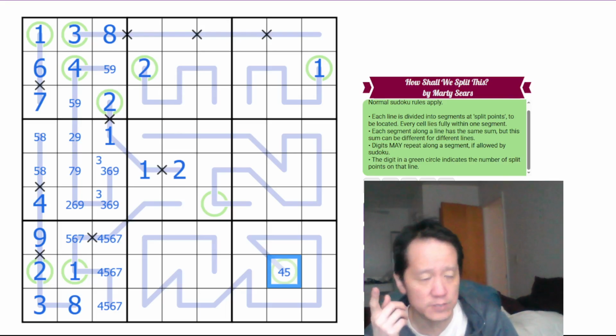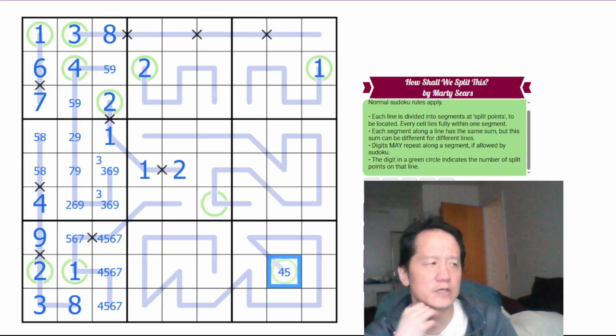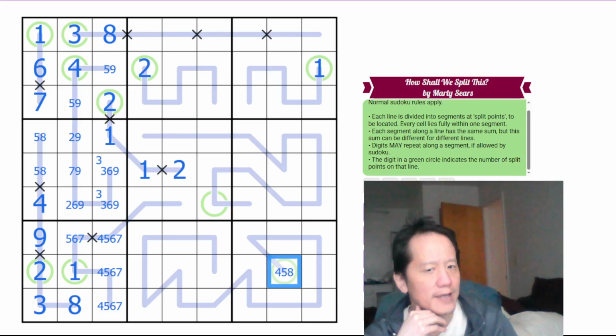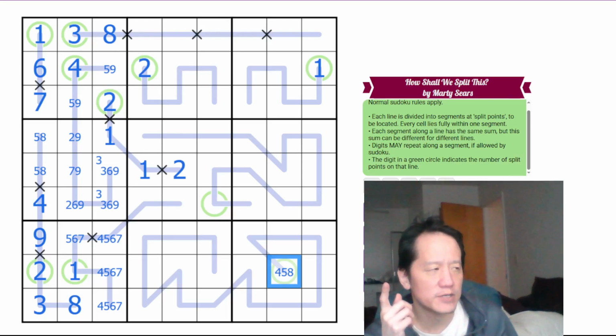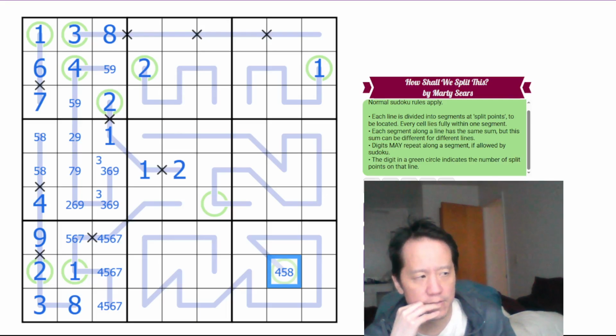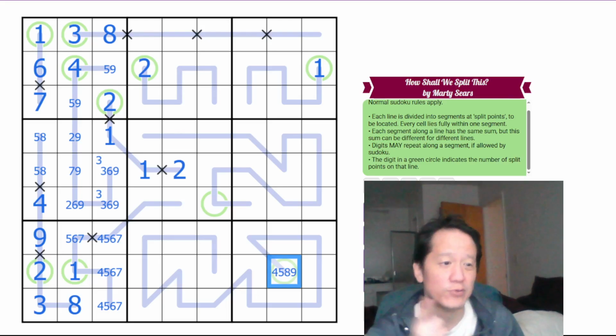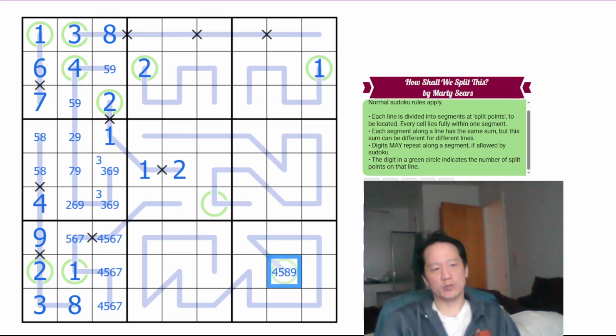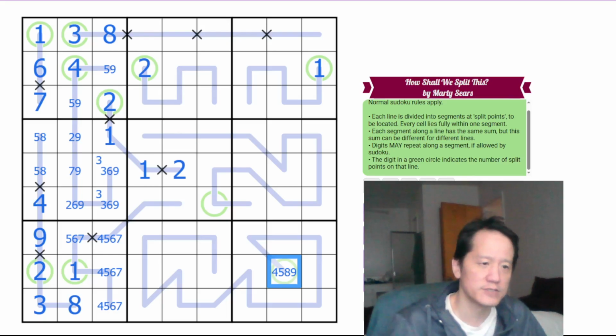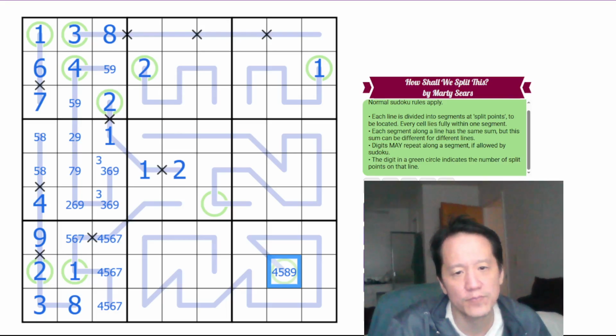Cannot be 7 split points because 90 is not divisible by 8. It could be 8 split points because 90 is divisible by 9, which would be a value of 10. And it could actually be 9 split points because 90 is also divisible by 10, with a sum of 9 for each part. Huh, that's pretty wide.